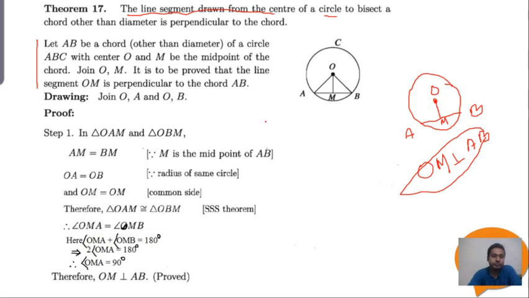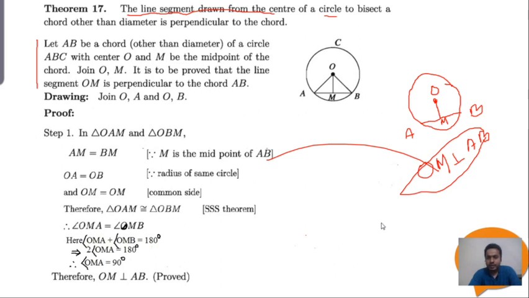OM is perpendicular on AB. You can write this mathematically. Join OA and OB. Okay, this is our drawing. At first, consider the triangles. Two triangles you can see in this figure. First one is OAM and second one is OMB.